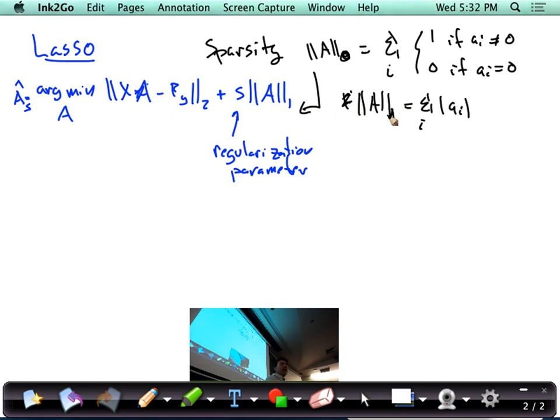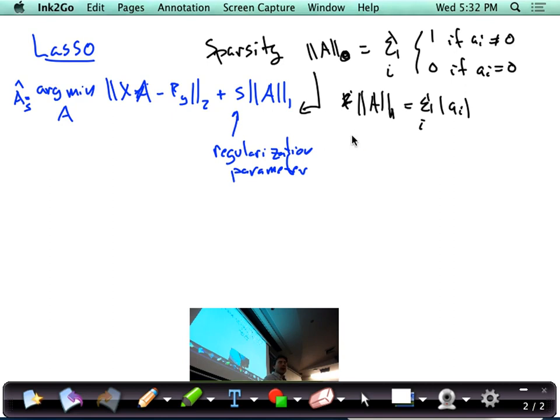It turns out, and I'll explain this through some pictures, that by trying to minimize this one norm of the coefficients, it actually snaps a lot of these exactly to 0. There's some neat reason why that works. So this formulation is called the lasso. This is the problem setup.